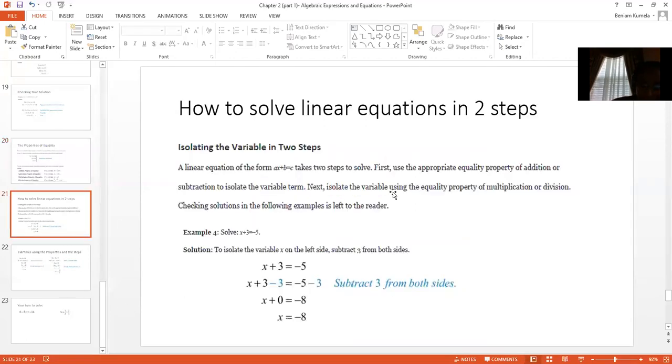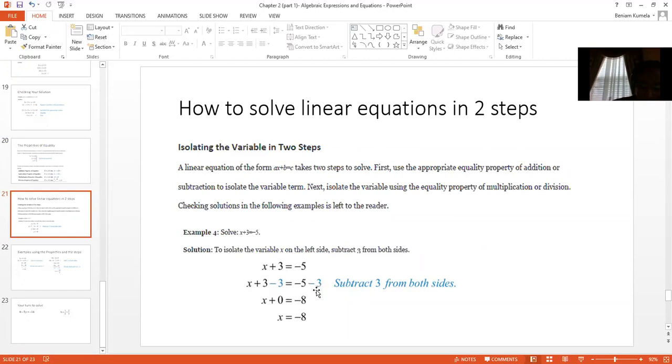How to solve linear equations in two steps. The goal always is to isolate the variable. First, you use the appropriate equality property of addition or subtraction to isolate the variable term. Over here, you're trying to isolate the variable x, so they subtract 3 on both sides to cancel this out. Subtraction property of equality.